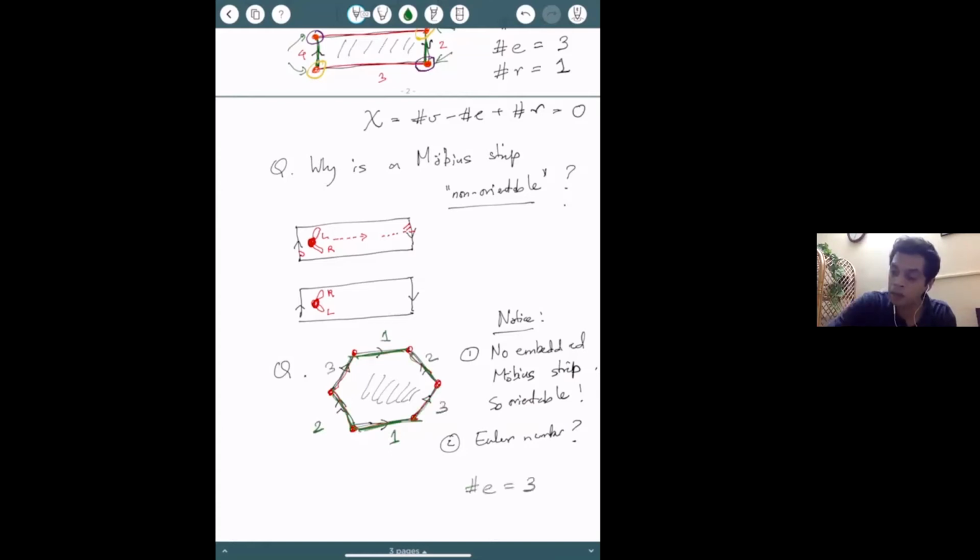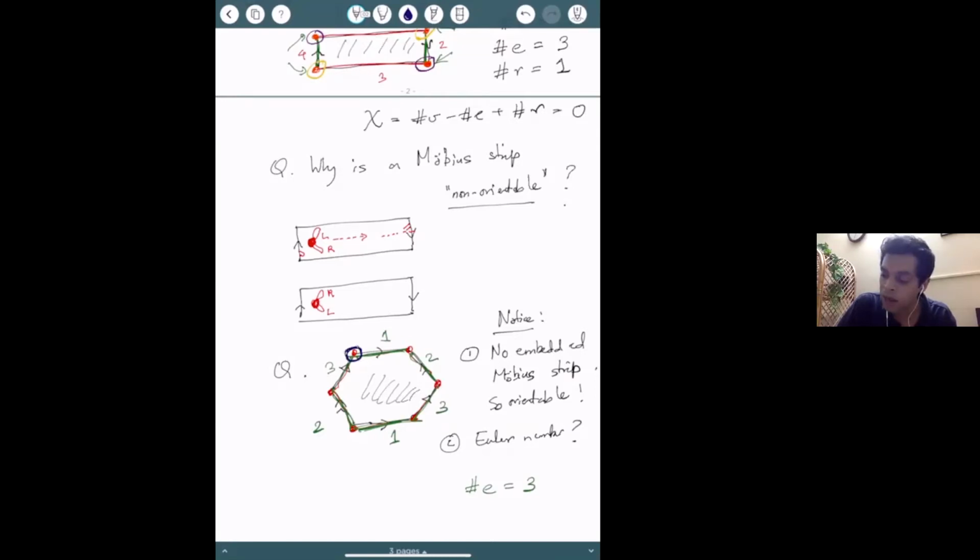How about the number of vertices? Okay, so here you have to keep track of the identifications more carefully. Remember that when you identify opposite edges, you also identify the corresponding endpoints, the vertices that lie on the endpoints, right? So this guy, let me draw this as a circle, this in blue.